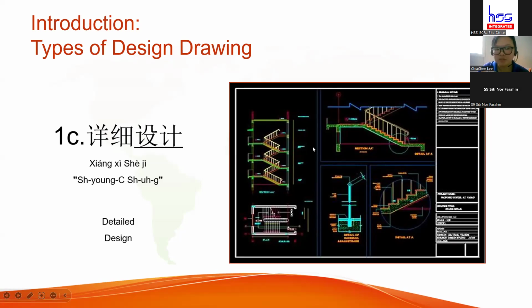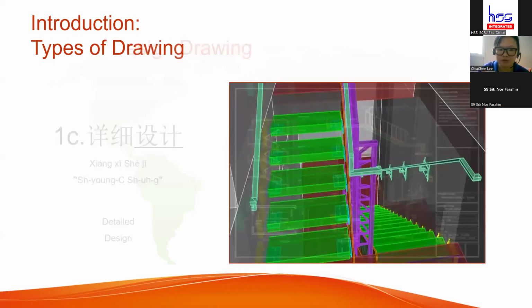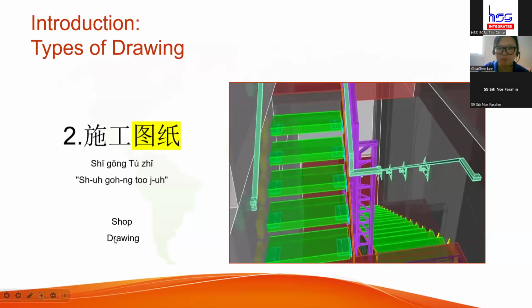All right. So for the first type, we actually learned about the 设计图纸, which are generated by designers. Then we proceed to the contractor type. All right. This is called shop drawing. It's called 施工图纸. 施工 itself is construction. So 施工, both are in first tone.